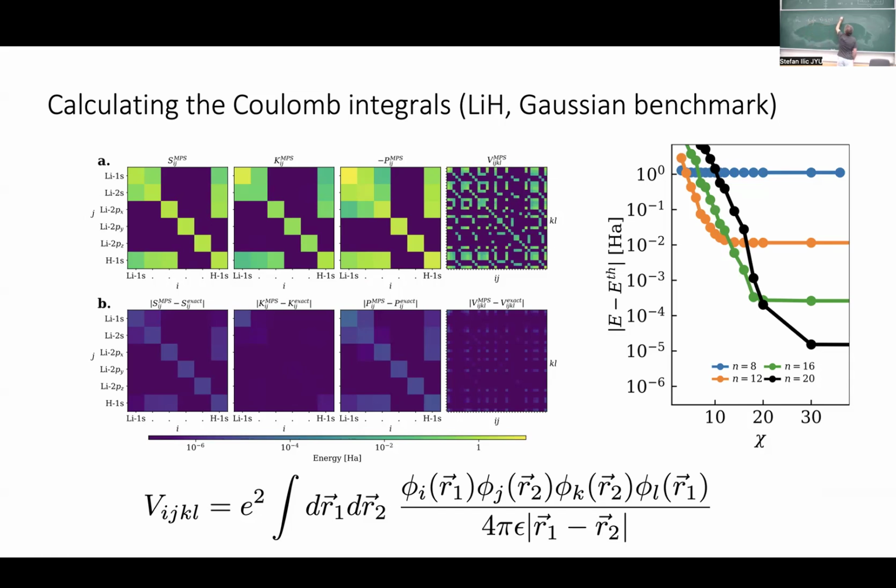Minus integral dr e square over 4 pi epsilon, over r minus R_i, sum over i, sum over spin, psi dagger psi of r sigma.